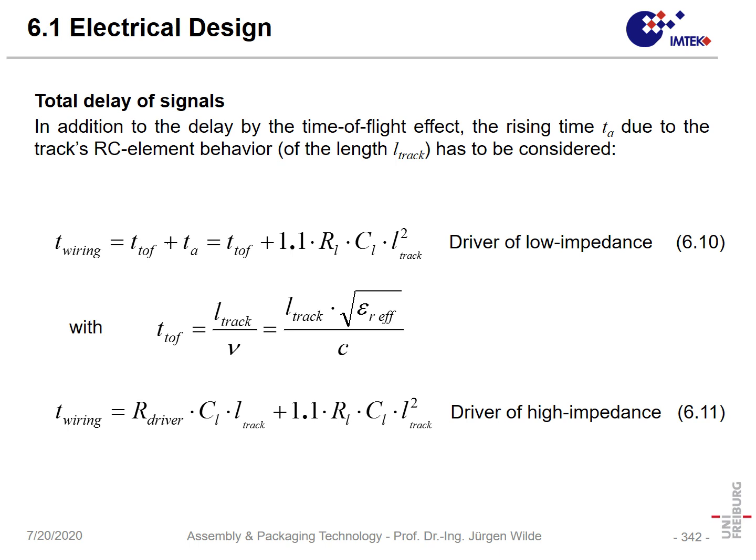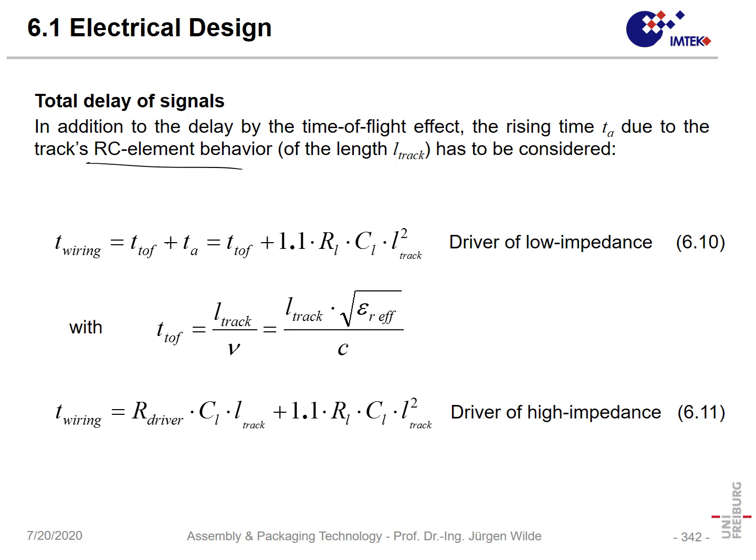The time of flight is just L track times the square root of permittivity divided by C, and the second time, which is due to the RC element behavior, can be described by the RC circuit.